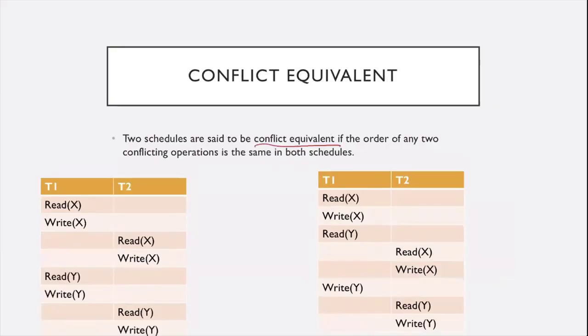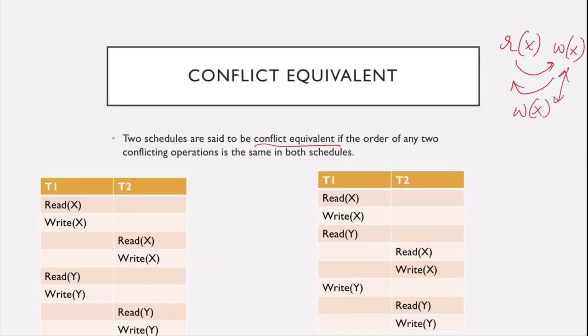We had seen earlier what conflicting instructions are. On the same data item, if one is doing a read and another a write, or a write and a read, or a write followed by another write, then these are conflicting operations.